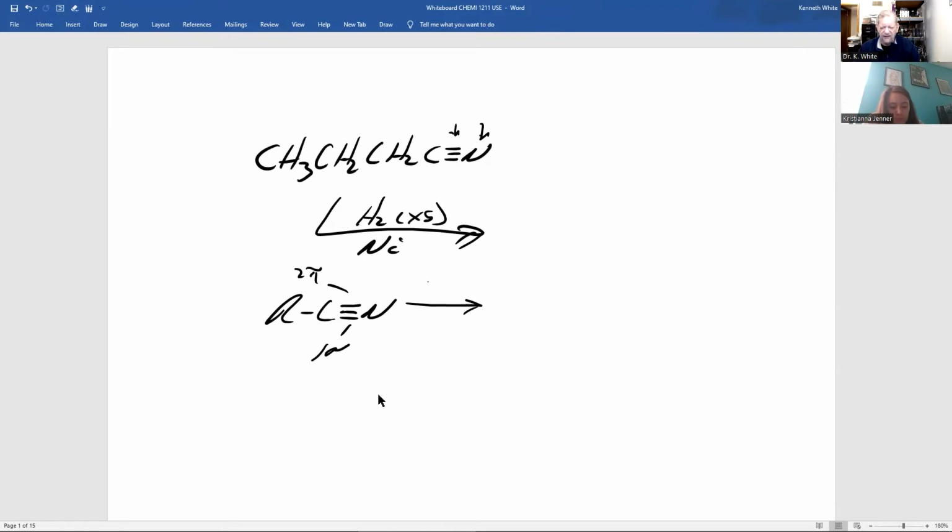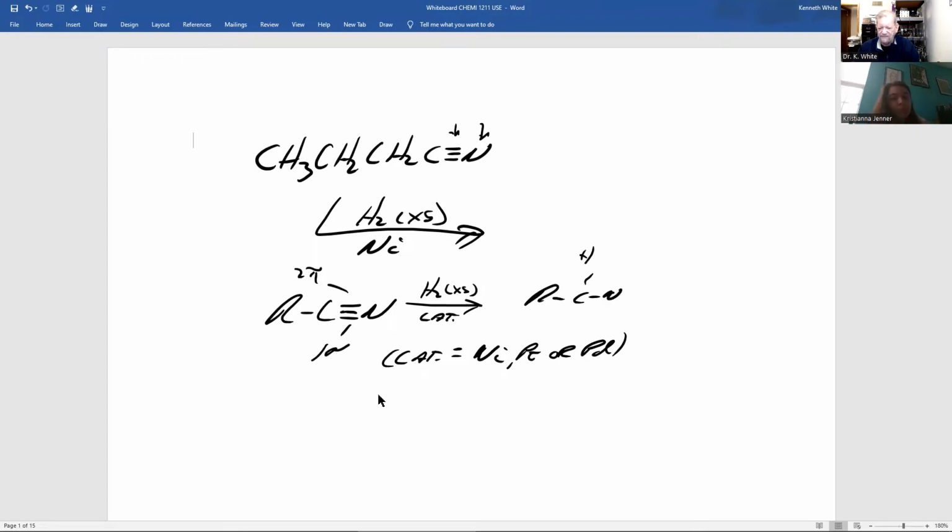And when you add hydrogen in excess and nickel as a catalyst, remember the catalyst can be nickel, platinum, or palladium, you break the 2 pi bonds and you get a primary amine, which you can also write like this. And on a test, either one would be correct.